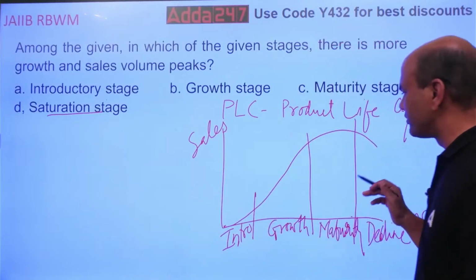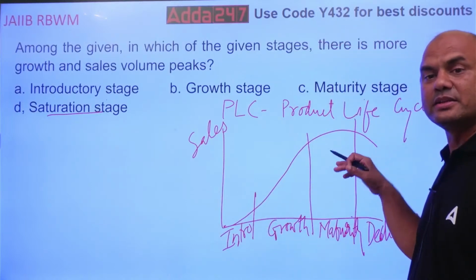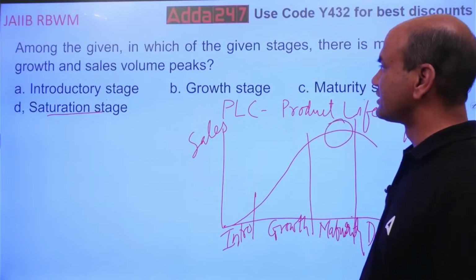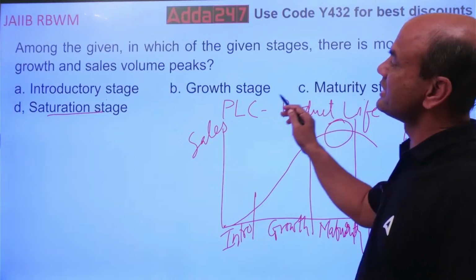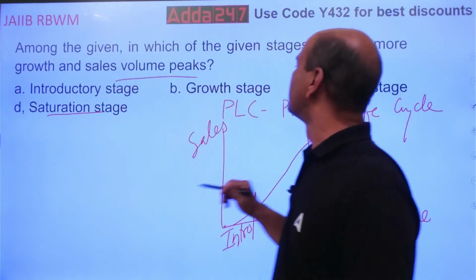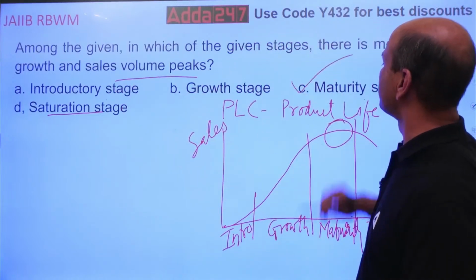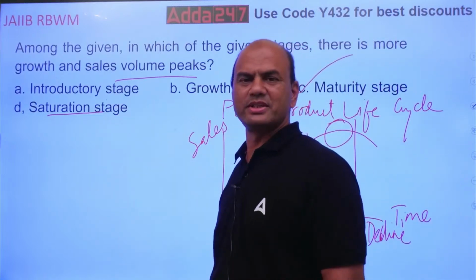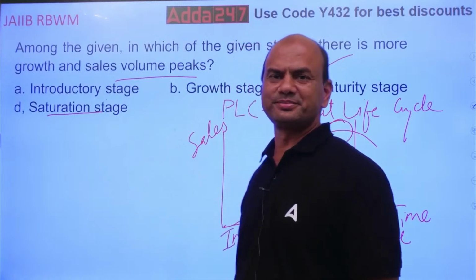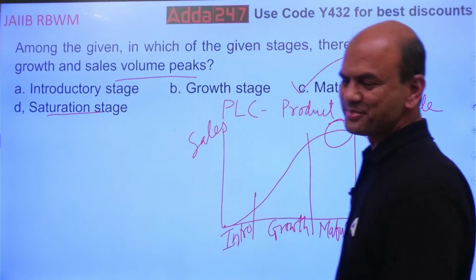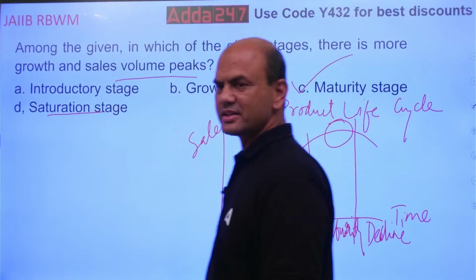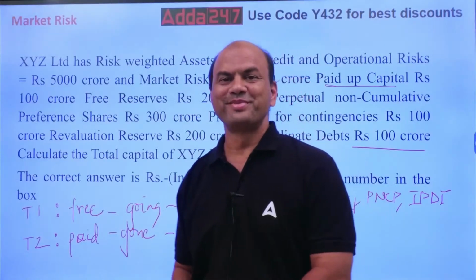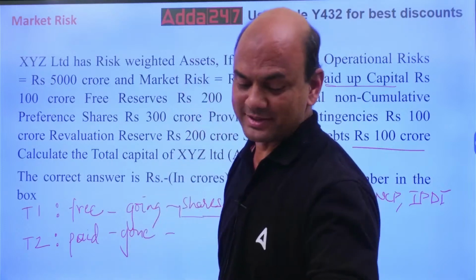We have various techniques to increase the maturity of any product, because here the sales are at the highest. So sales volume will peak at the maturity phase. C. There is nothing called a saturation phase. Instead there is a decline phase. Got it everyone? Concept clear? So that was the final answer.